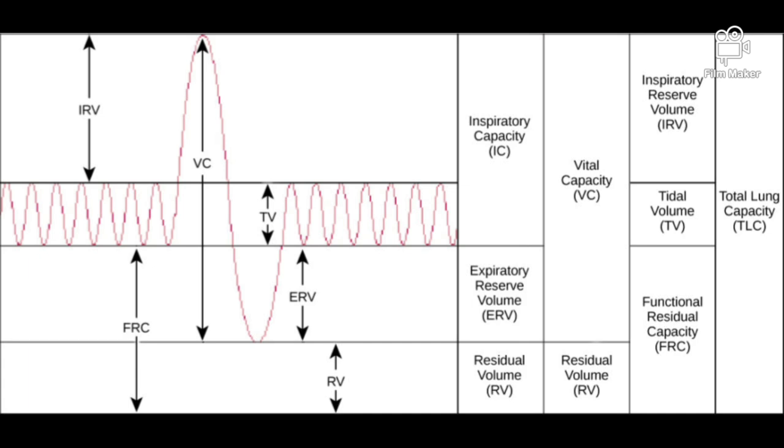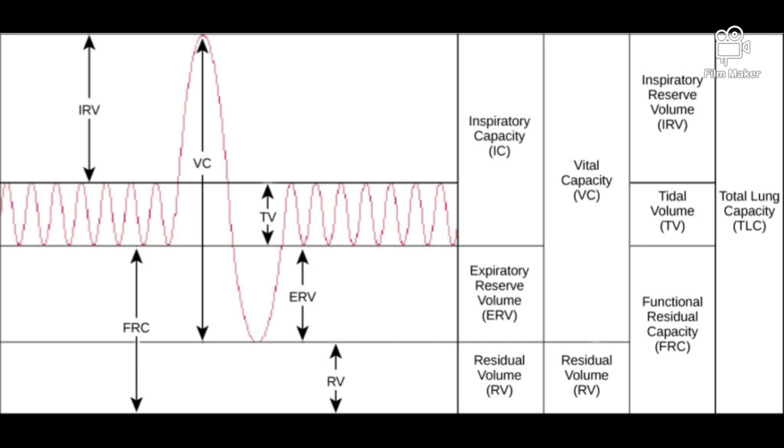The next volume is ERV, the expiratory reserve volume. By now we may guess that this is just the inverse of IRV, and all our guesses are right. Yes, ERV is the expiratory reserve volume, and it is the maximum effort above the tidal volume that a person's lung makes in forcefully exhaling air.